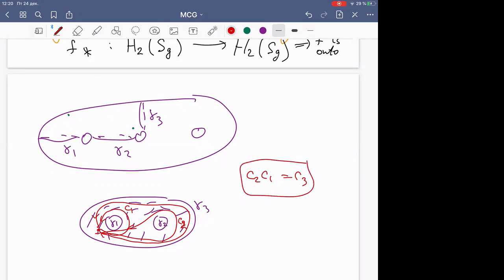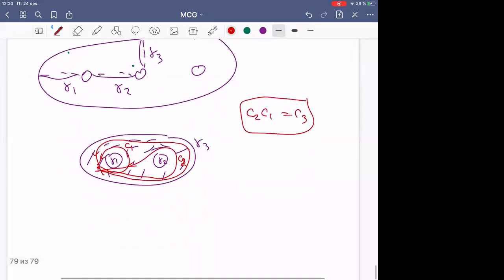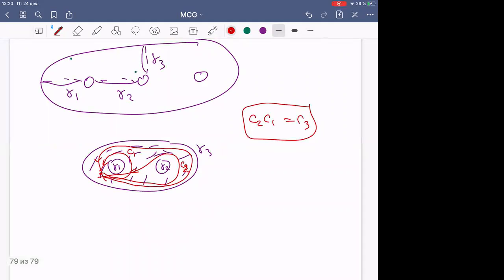So what I would like to say is that if we do not think about the base point, then there is the following characterization.